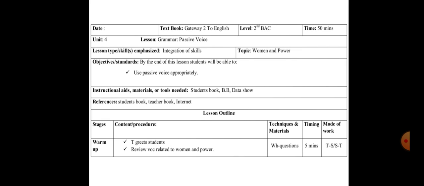Instructional aids, materials or tools needed: students' book, blackboard, and data show. And you don't need to mention references. It is not important. So this is the lesson outline.